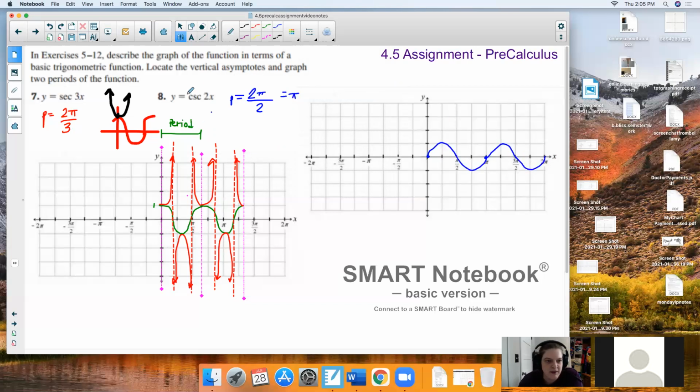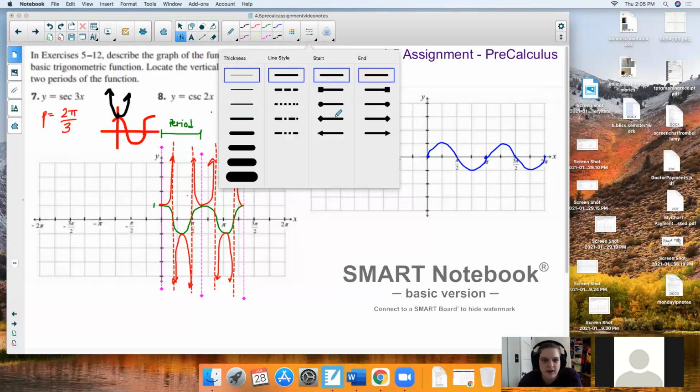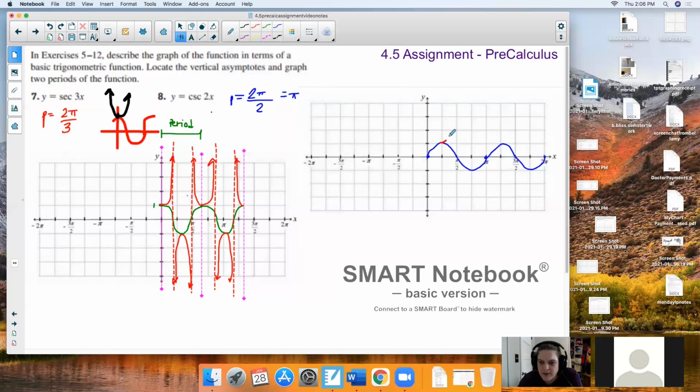So that's sine, but then cosecant is going to end up having, just like this, the opposite, where it hits it at its maximums. So right here, it's going to go up, and then of course at a sine of 0, it's going to end up being divided by 0, so it's going to have an asymptote.